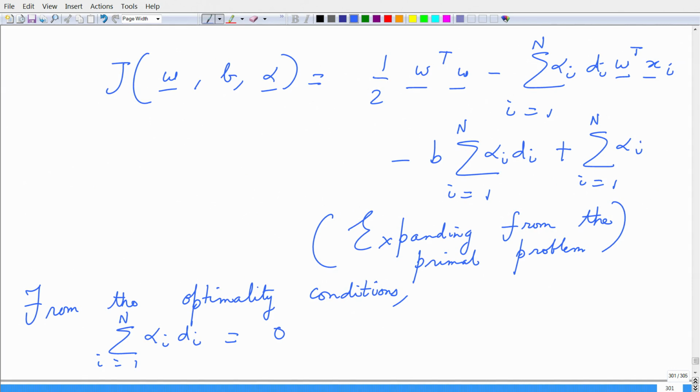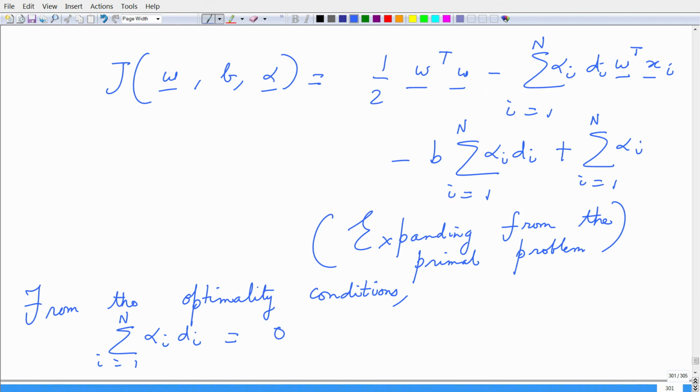Okay. So, we formulate this Lagrangian like this: J of W comma b comma alpha, where W and alpha are vectors, is given by this quantity. What I have done is I have expanded the summation i equals 1 to n over the Lagrange multiplier times the constraint in this form. So, this boils down to 4 terms.